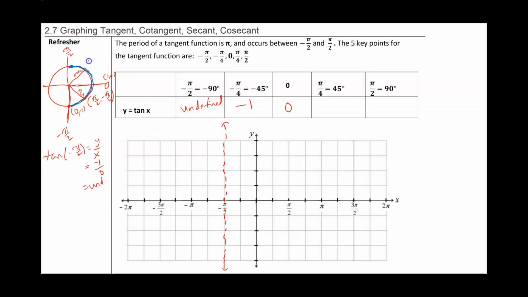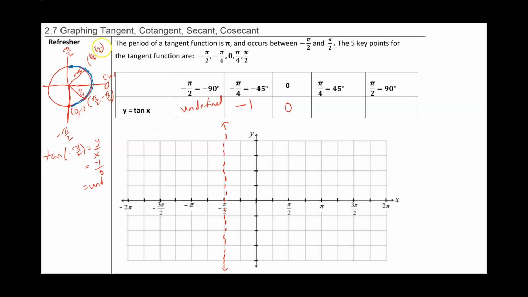At pi over 4, the ordered pair is going to be radical 2 over 2, comma radical 2 over 2. Okay, so at pi over 4 radians, which is 45 degrees, the ordered pair is radical 2 over 2, comma radical 2 over 2.